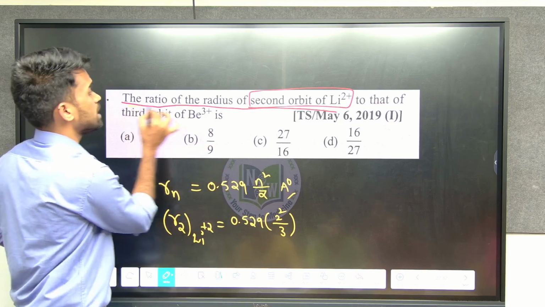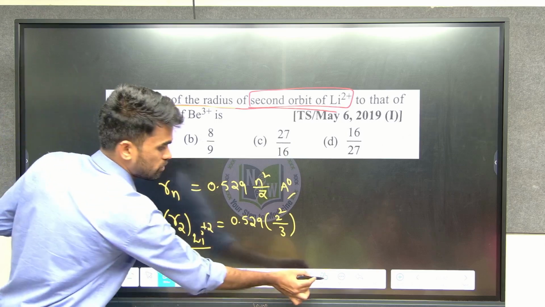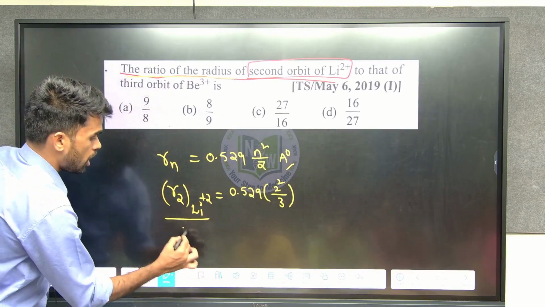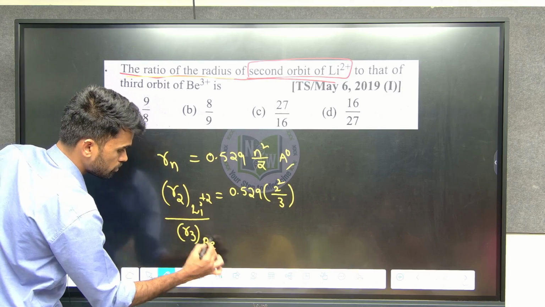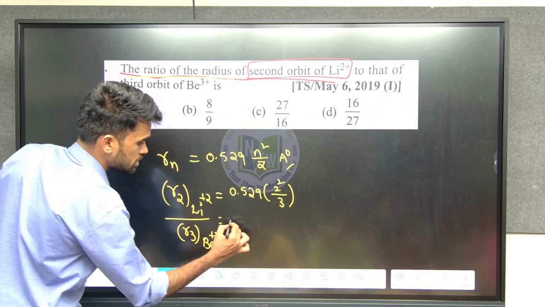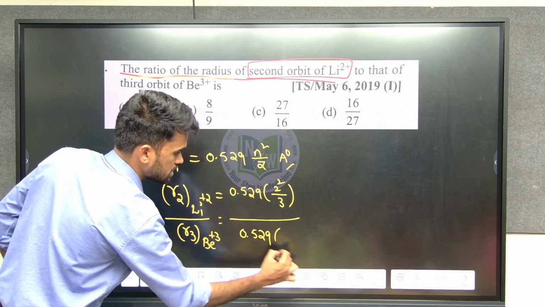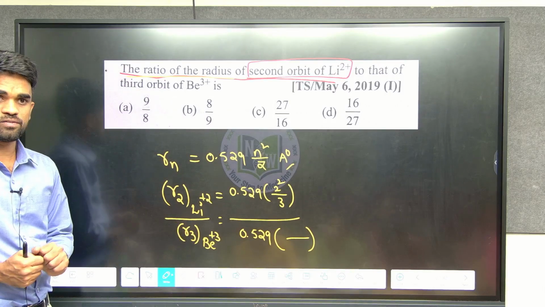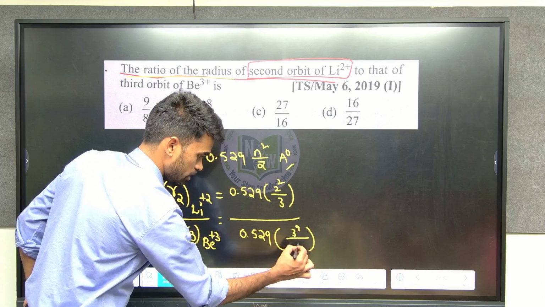So they are saying ratio. This is R2 of lithium. Ratio means you take one more, that of the third orbit. So R3 of what? Beryllium plus 3. So this equals 0.529, next n square for this one, 3 square by 4.